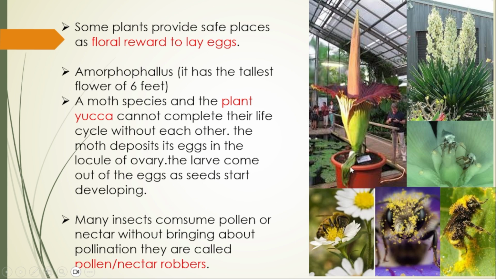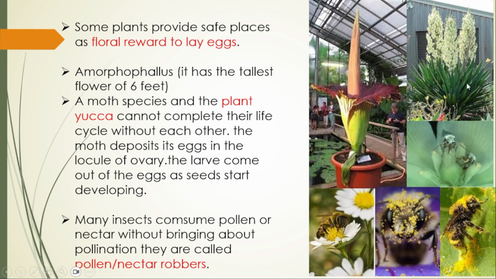And when we talk about the yucca moth, this is the yucca plant, and this is the moth, the Pronuba moth. This Pronuba moth and the plant, these two cannot complete their life cycle without each other.